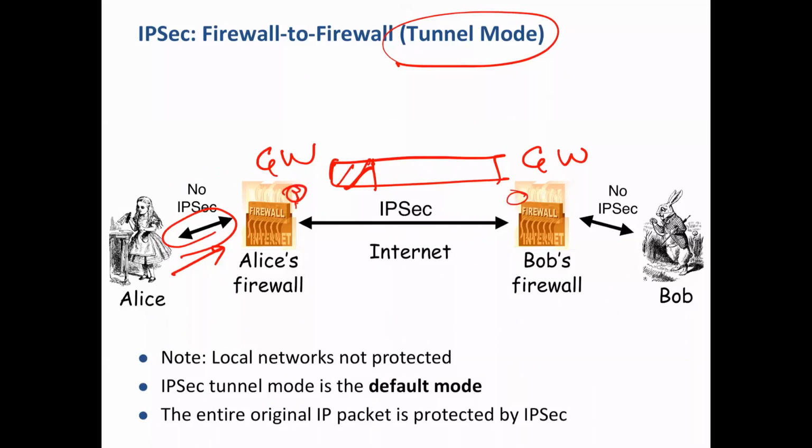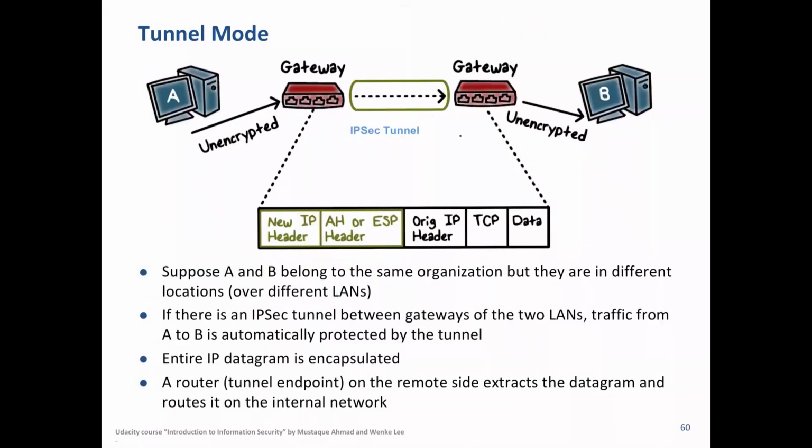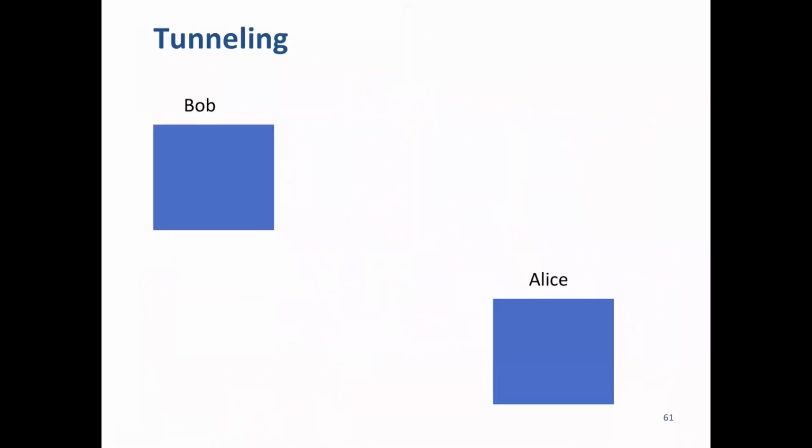At this machine, the authentication check happens, then the packet is decrypted, then the original packet that Alice created is sent to Bob. Okay, all right. So this is about tunnel mode.